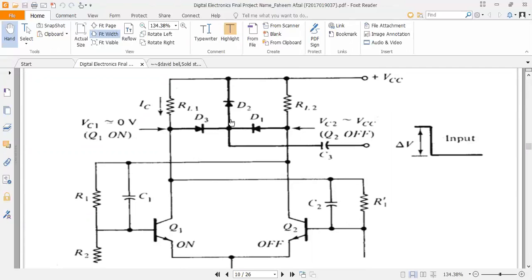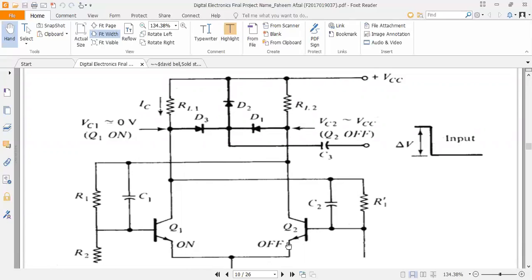When Q1 is on and Q2 is off, the anode of D3 has 0.2 volt and the anode of D1 has VCC. So there will be a negative voltage at this junction of the diodes.